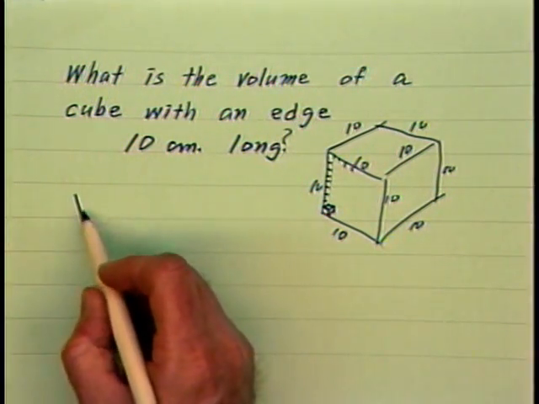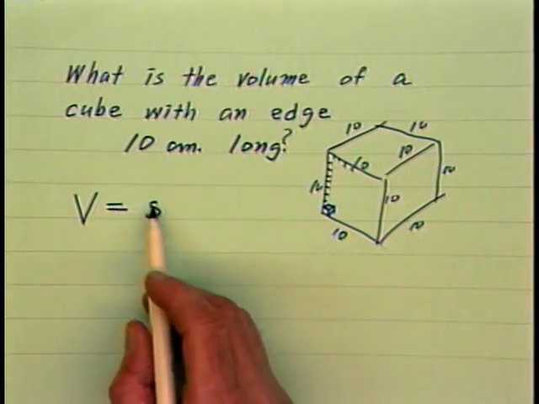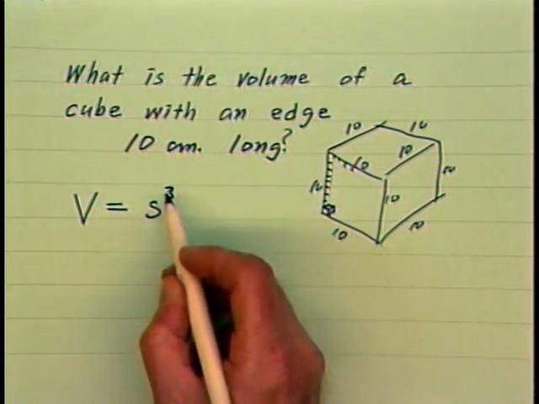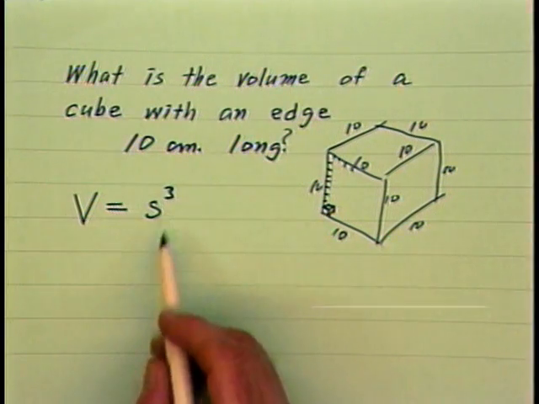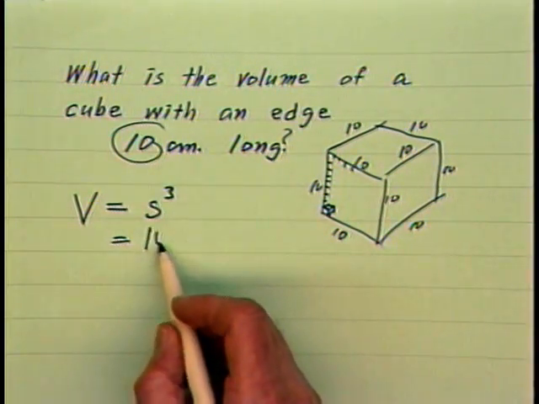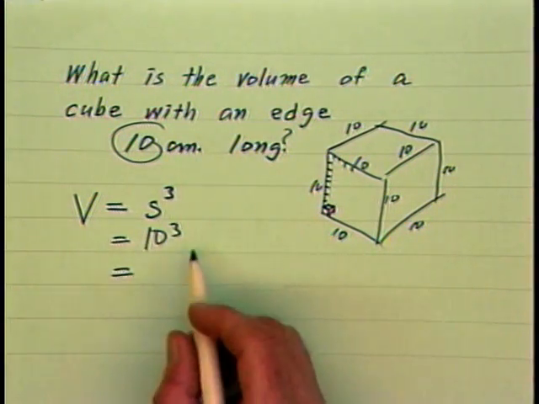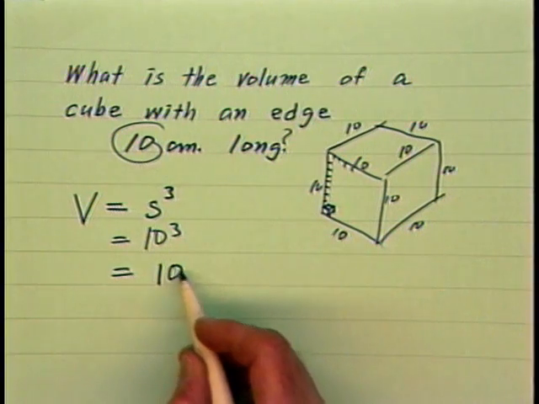And our formula said the volume is the length of a side or an edge cubed, or the side to the third power. But in our case, our side is 10 centimeters to the third power, and we can write this as 1 followed by 3 zeros.